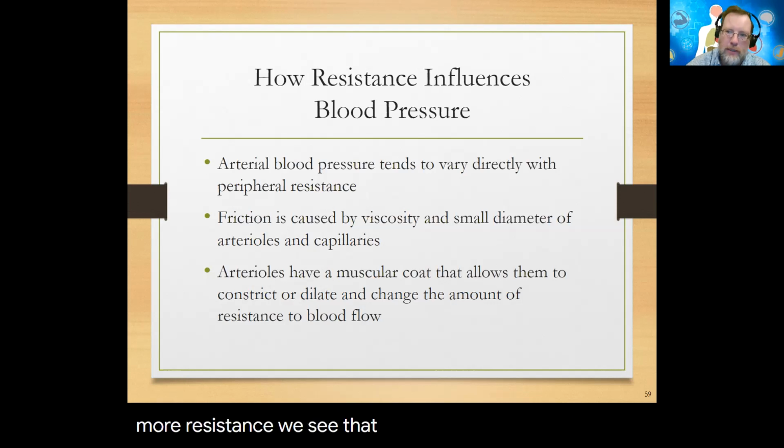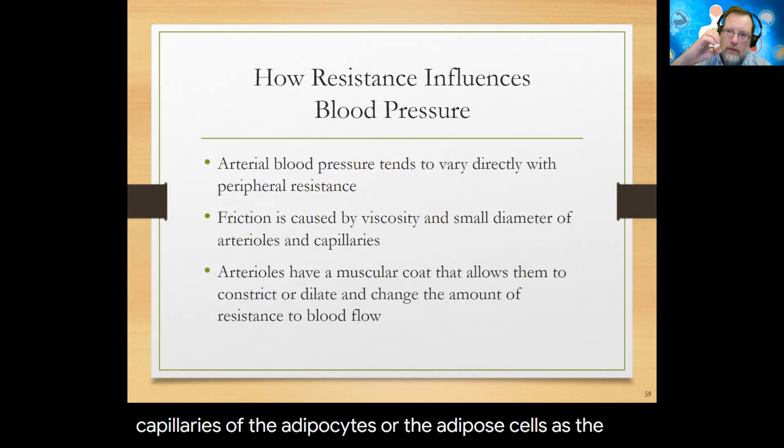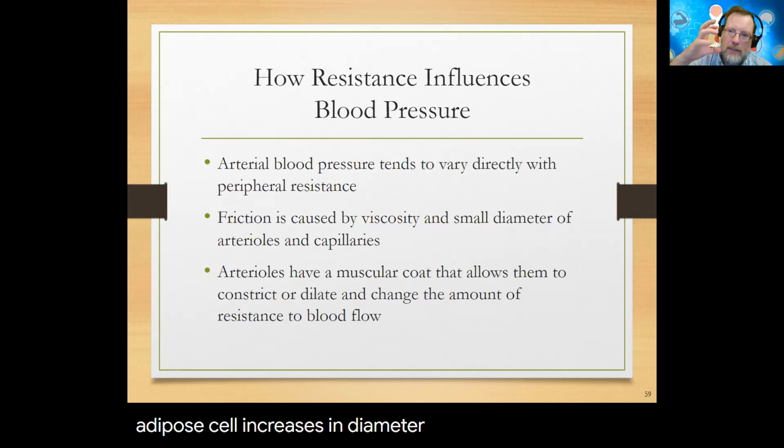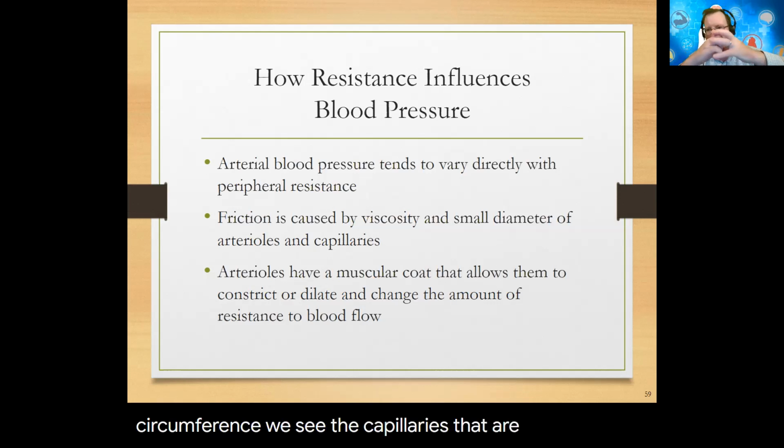We see that with obesity, where the capillaries of the adipocytes, or adipose cells, are involved. As the adipose cell increases in diameter and size, the capillaries wrapped around that adipocyte stretch out.